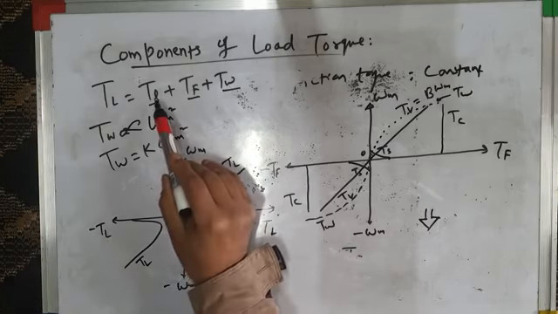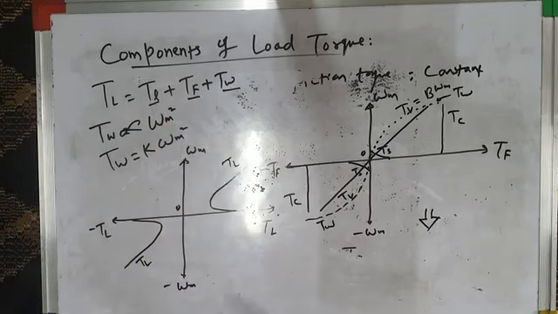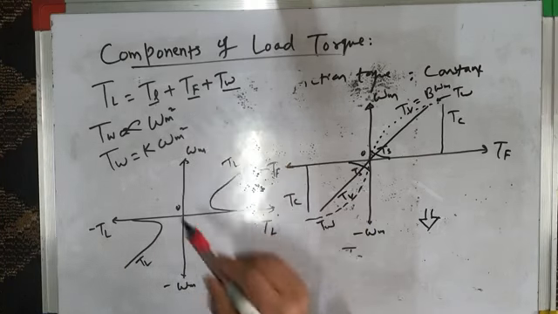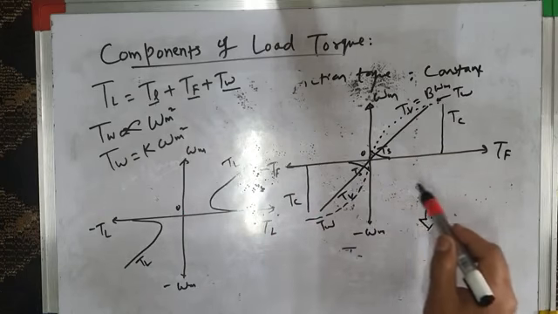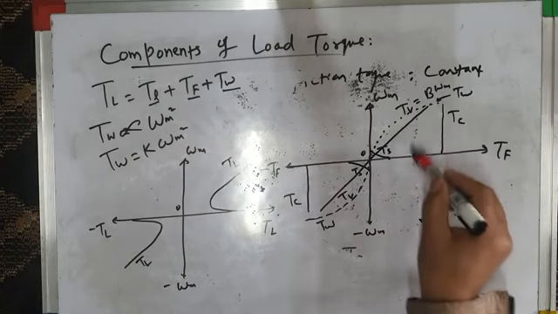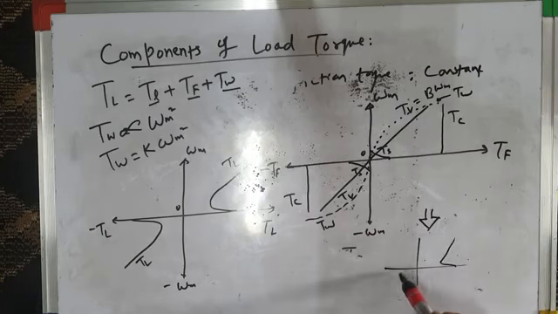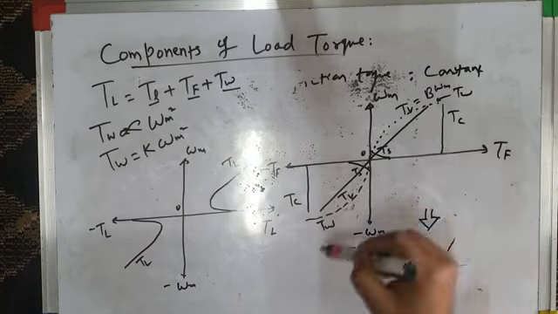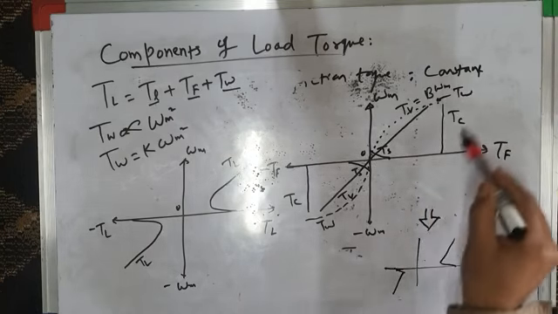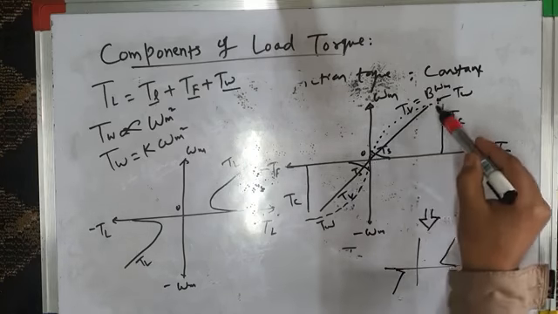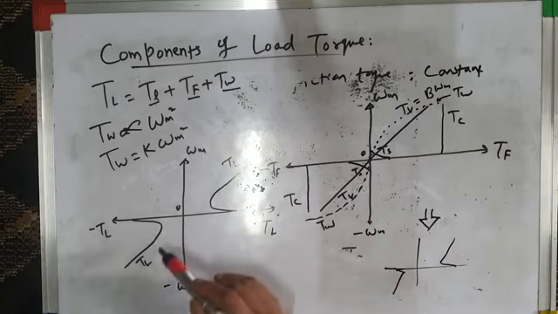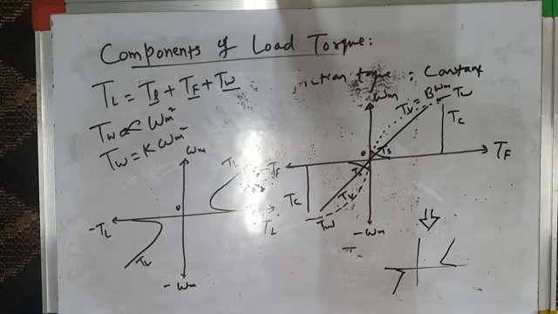Of course, it is the summation of useful load torque, which is required to drive the load, plus friction torque, which has all these components, which I have already shown in this curve, and we have added these components, and we got something like this, if you remember, total friction torque like this, plus windage torque. When we add all these, we add these components of the friction torque with the windage torque, we get the total load torque like this. Okay. So this is about various components of load torque.